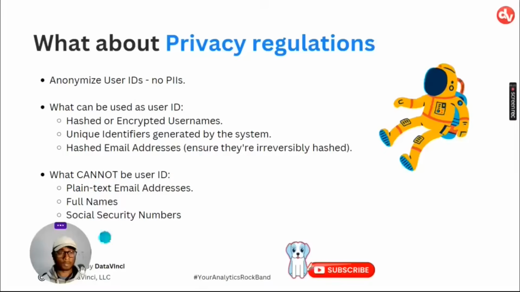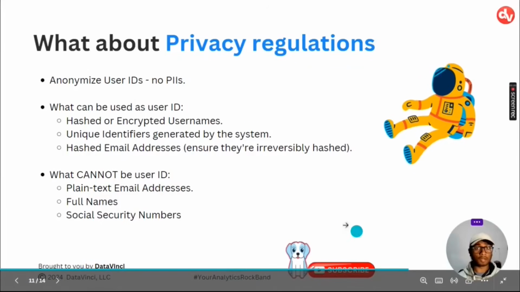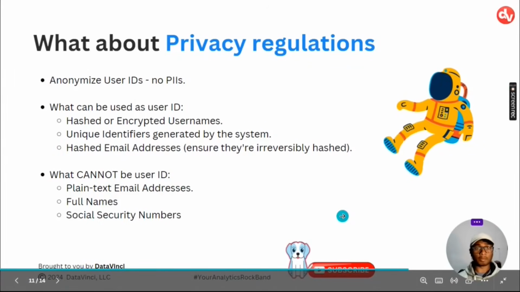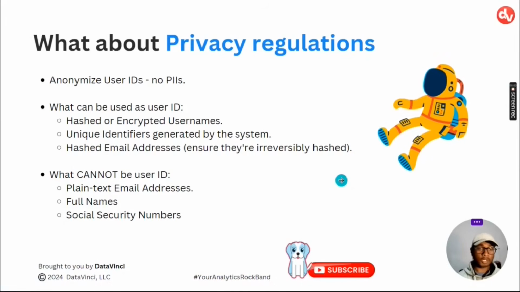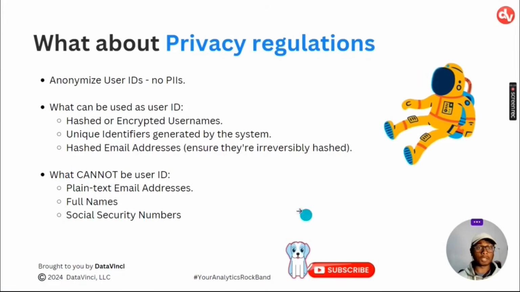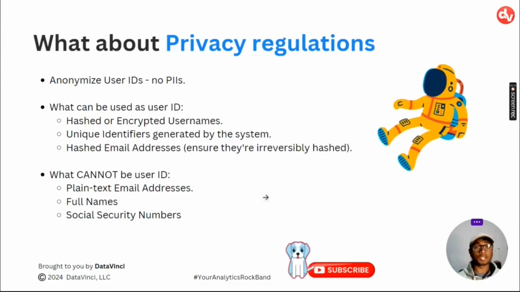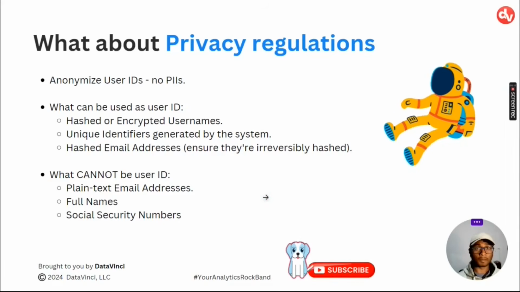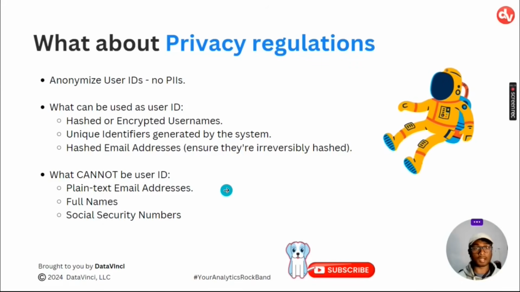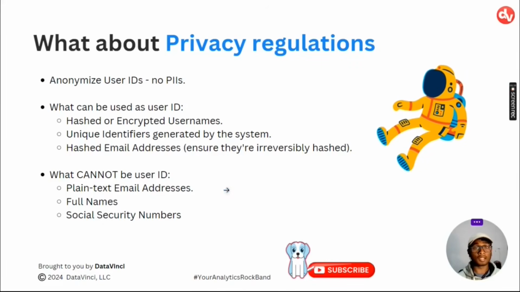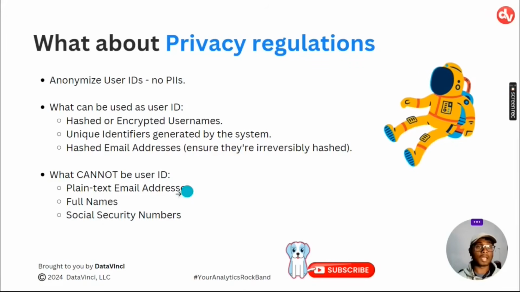So that is it. Now that we have implemented the user ID, what about the privacy regulations? We need to keep in mind that we must anonymize the user IDs, and there should be no PII. As we discussed, the user email should not be used as a user ID. Instead, that email can be hashed.